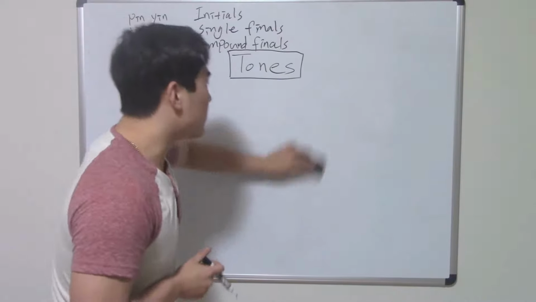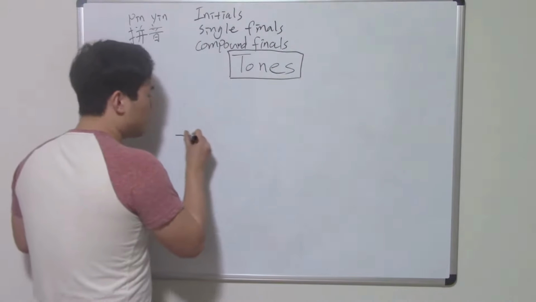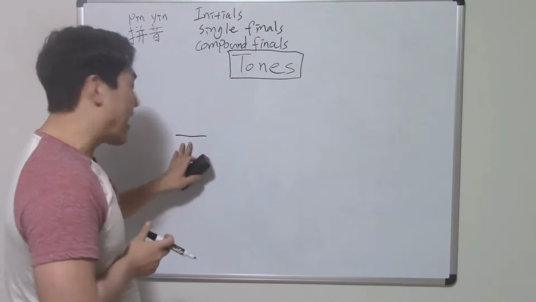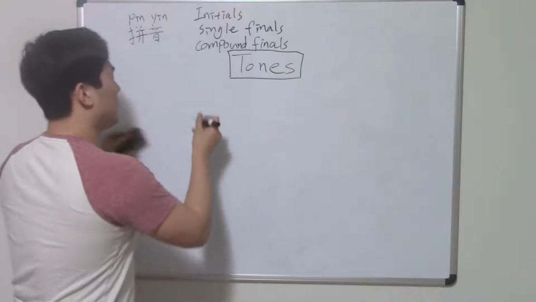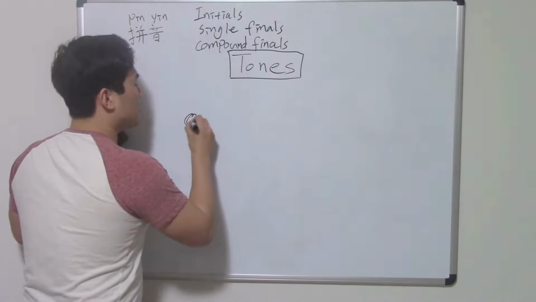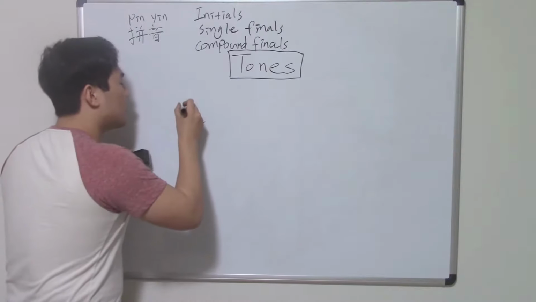So let's actually get into it here. Now there are 4 different sounds. The first one is flat, and to pronounce that one, let me write this higher here. Let me just use "a" as an example. The first sound here is flat.